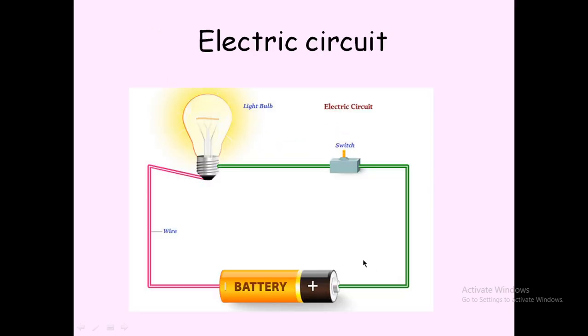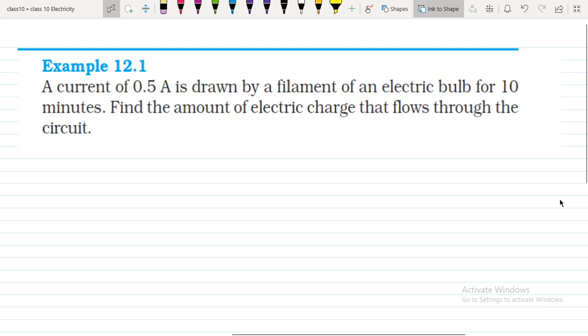So let us take a problem. If a certain current is flowing through a bulb for an amount of time, how much charge is used by the bulb? Let me take the problem first.